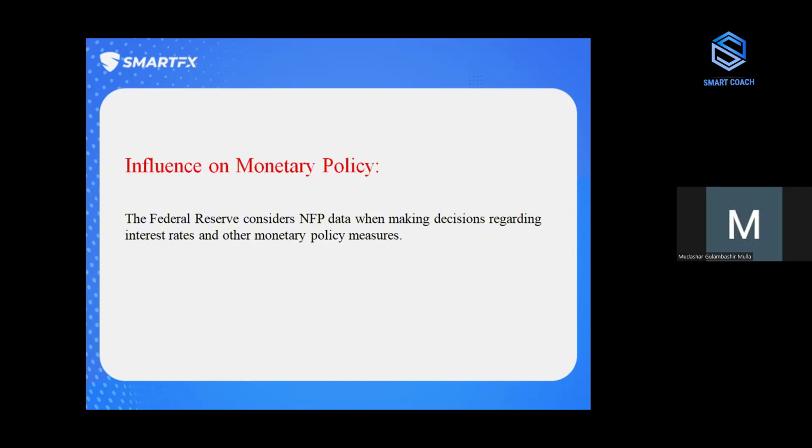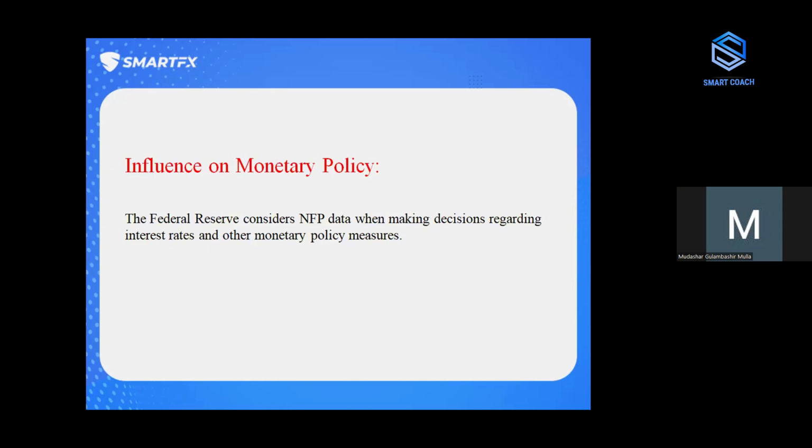For example, if the unemployment numbers are increasing, and there are more unemployed people in the country, then the government, let's say the Federal Reserve in the US, can loosen monetary policy. Which means there will be a lower interest rate, thus a lower demand for the dollar, and the value of the dollar goes down as soon as they decrease the interest rate.